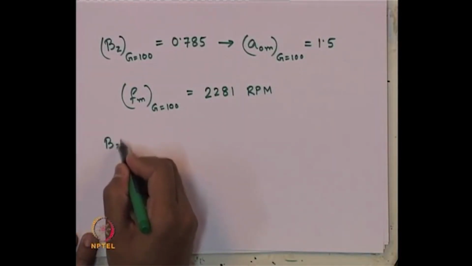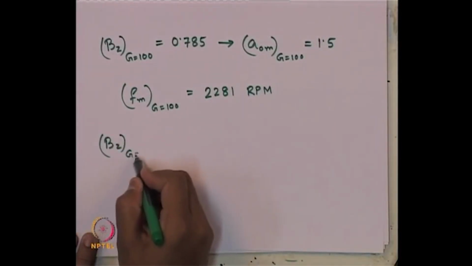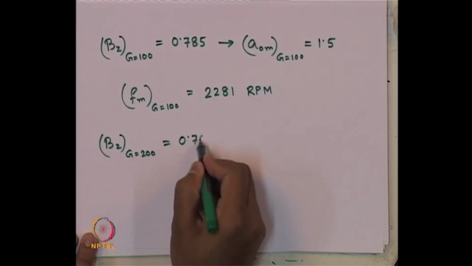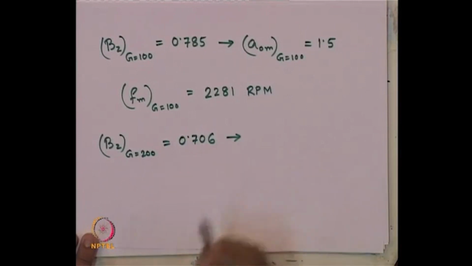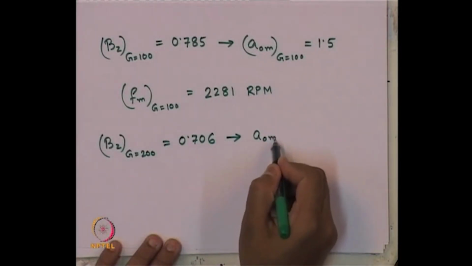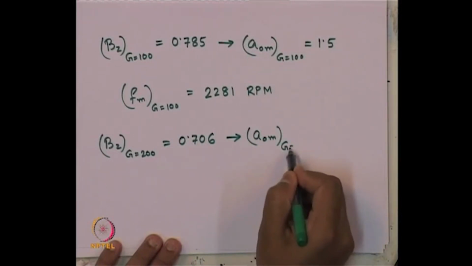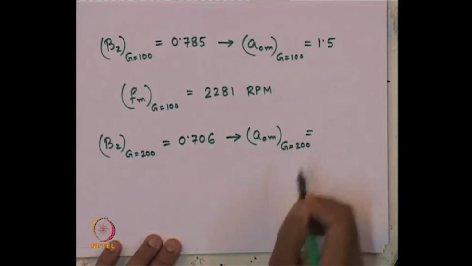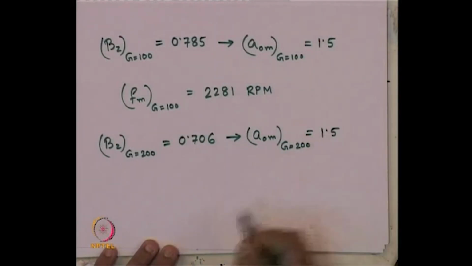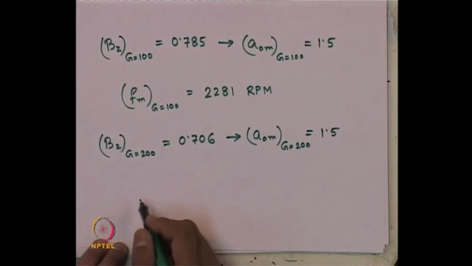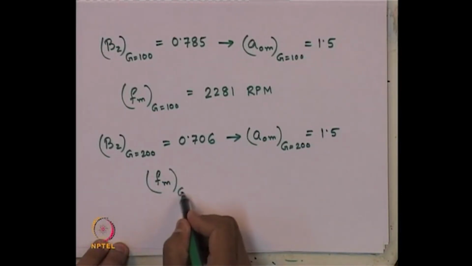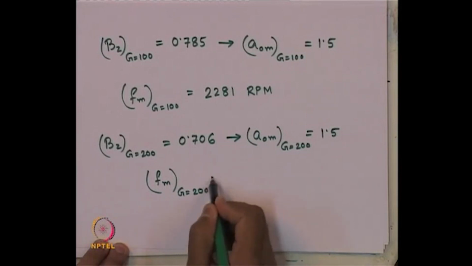and for Bz with g equals to 200, the third type of soil, we got the value already 0.706. Now, using the design chart again, the value of A naught m is read from the design chart as the same 1.5, there is no change, which gives us fm with g equals to 200.